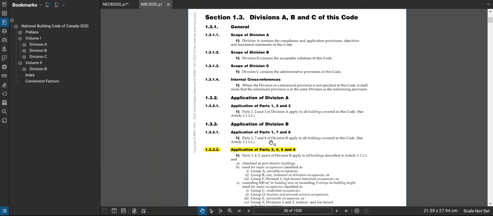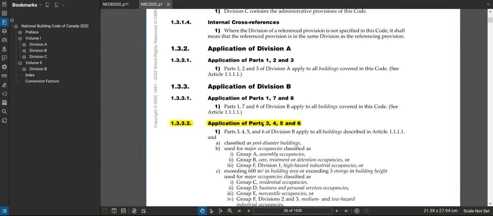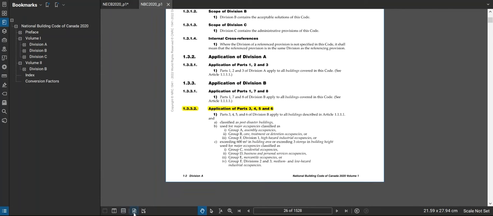And so basically what the energy code is saying, that entire document is saying, you only need to use that if you're using a Part 3 building, and when you're using Part 3 for a building, you're also triggering Parts 4, 5, and 6 as well. They just go with that.